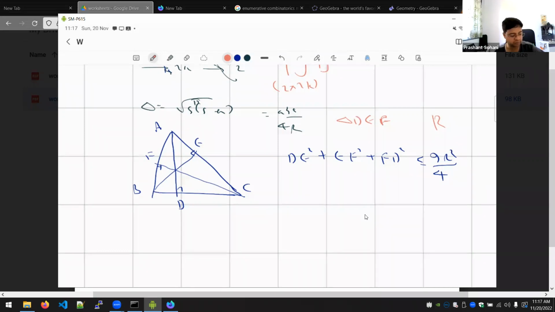What is the circumradius of triangle DEF? What are these points DEF?